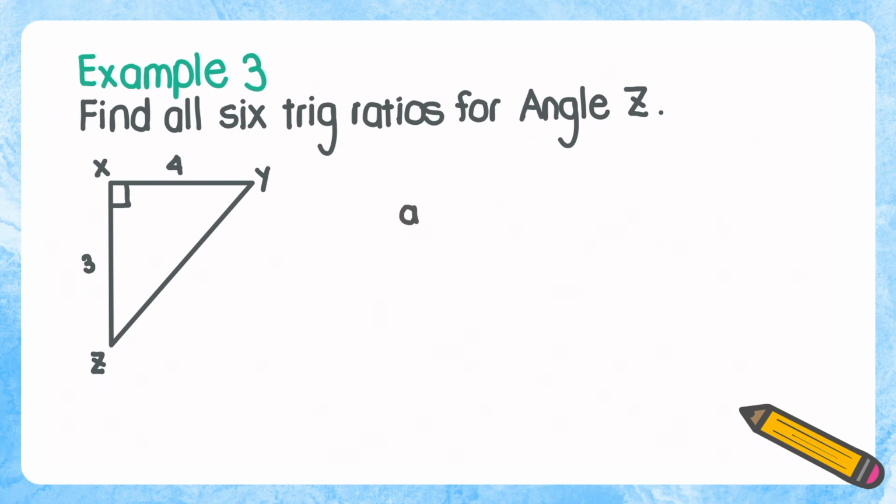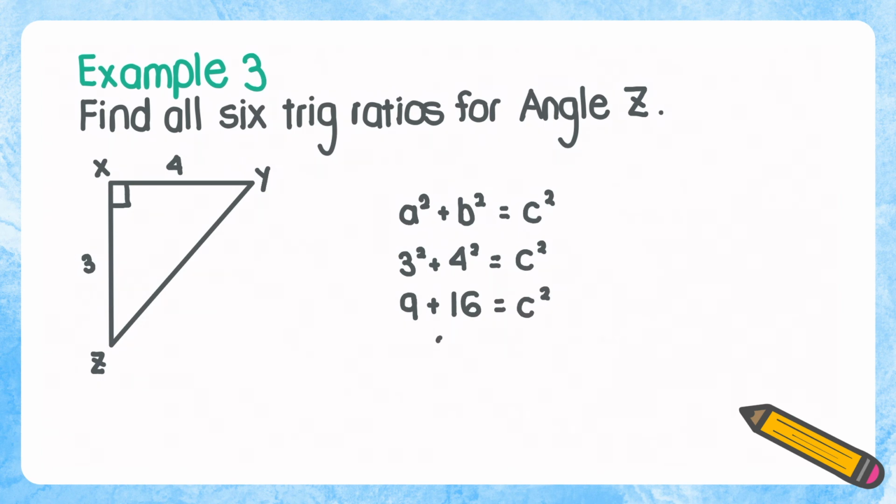So let's set it up. The theorem states that a squared plus b squared equals c squared. In this case, we're given the legs 3 and 4, and we have to find the length of the hypotenuse. 3 squared is 9, 4 squared is 16, 9 plus 16 is 25.